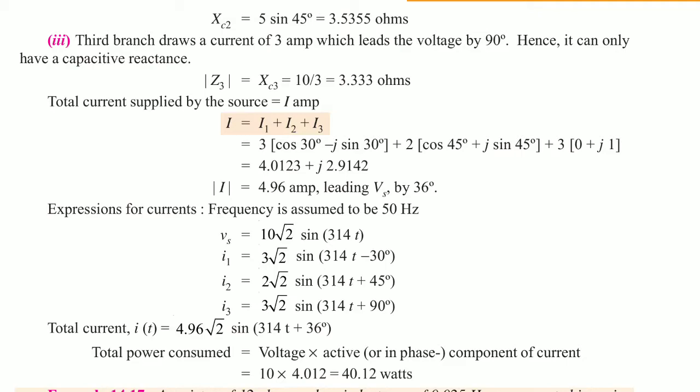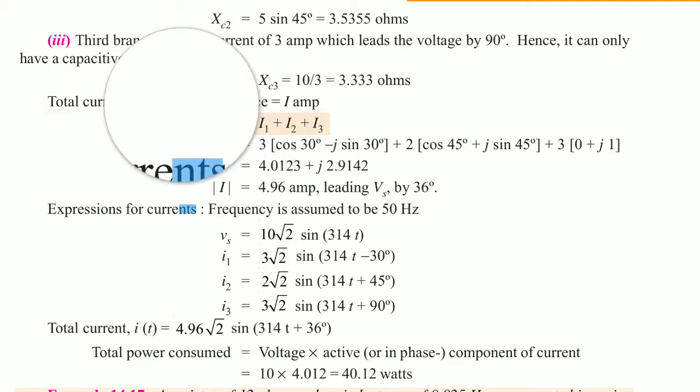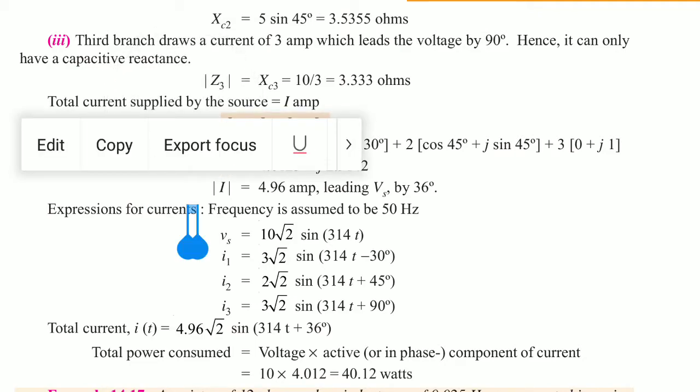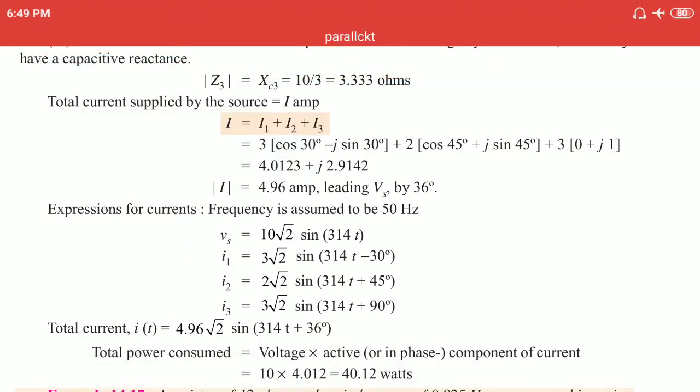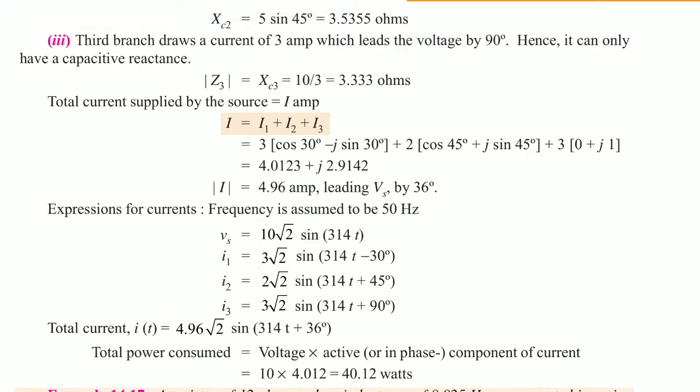Because it is leading by 90 degrees, so it is purely capacitive. There is no resistance in branch 3. So XC3, which is Z3, is equal to 10 by 3, that is 3.33 ohms.